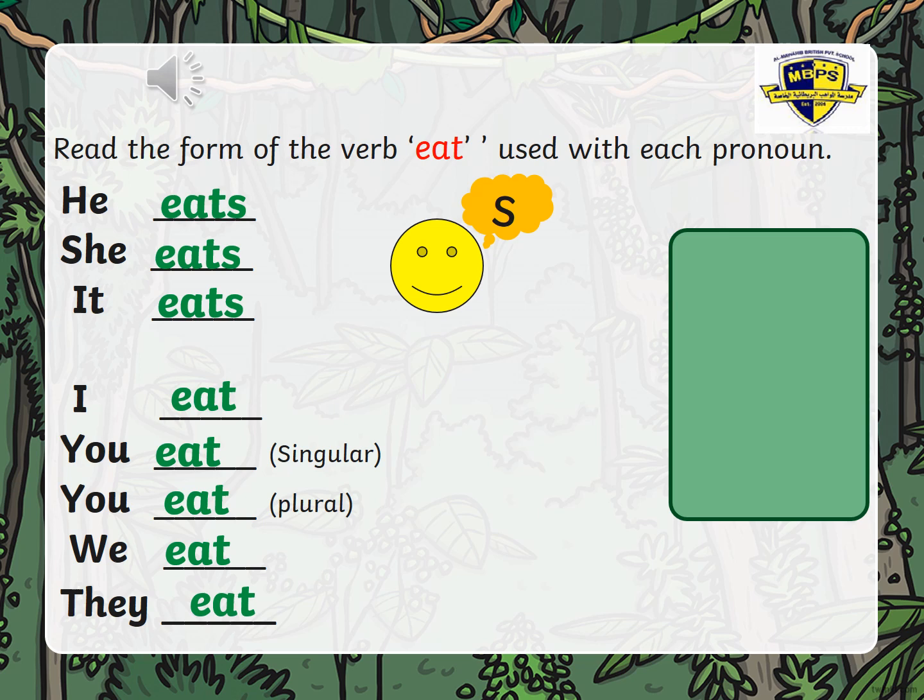You eat, we eat, and they eat. So, remember, with he, she, and it, only with these three, we add an S at the end of the verb. With I, you, we, and they, we do not add S at the end of the verb.